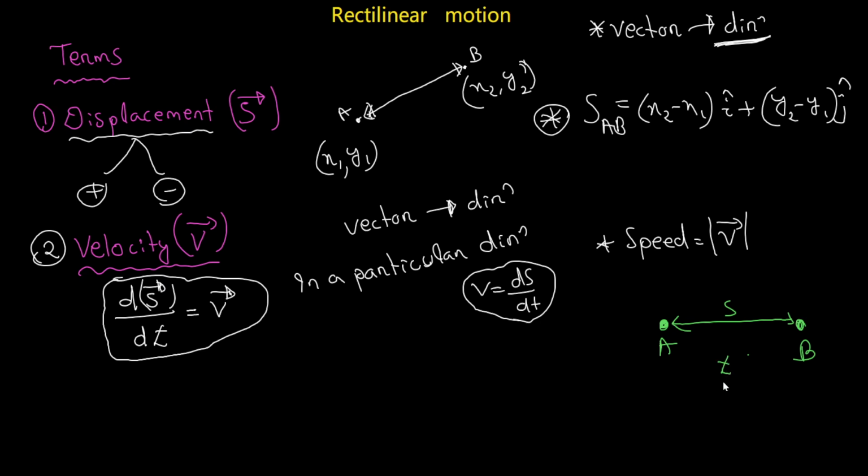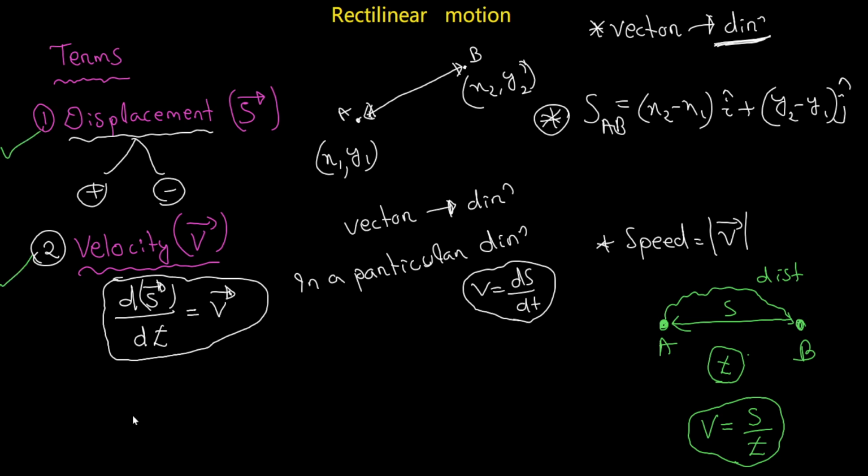In the time interval of t seconds. In s meters, in the time interval of t seconds, you are traveling from point A to point B. In that situation you will write that the velocity is nothing but the displacement by time, in a particular direction. Suppose this is the distance, so the speed will be nothing but distance by the time taken. So you got the idea about displacement and velocity.